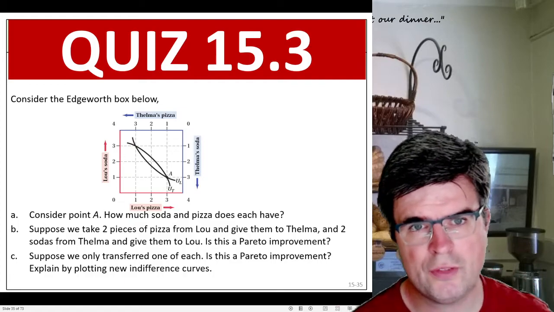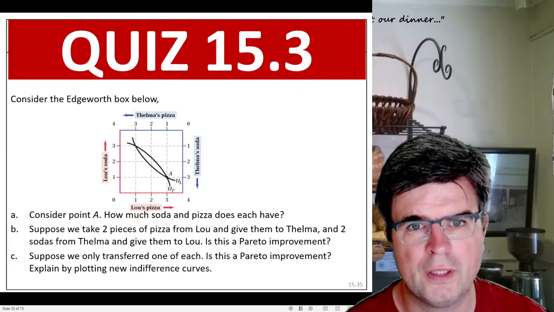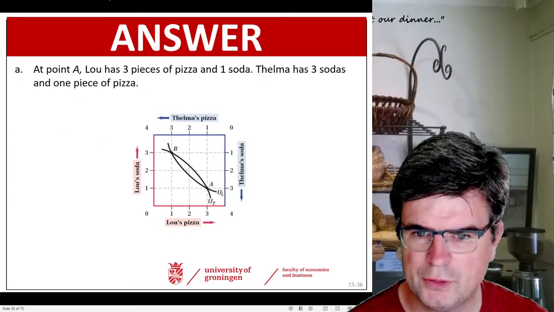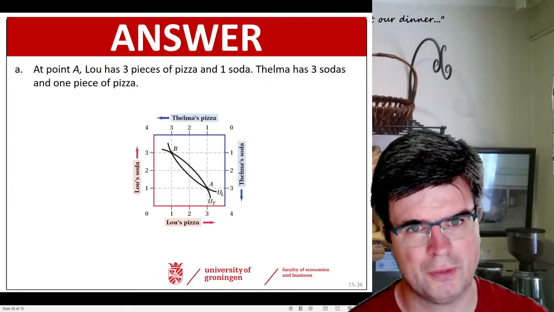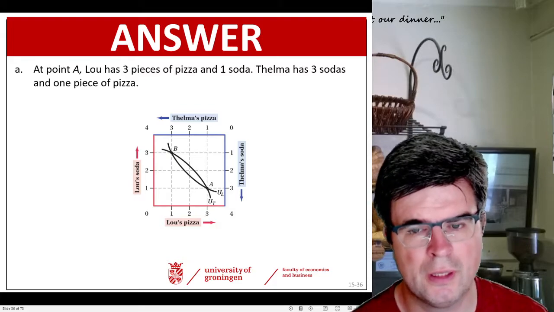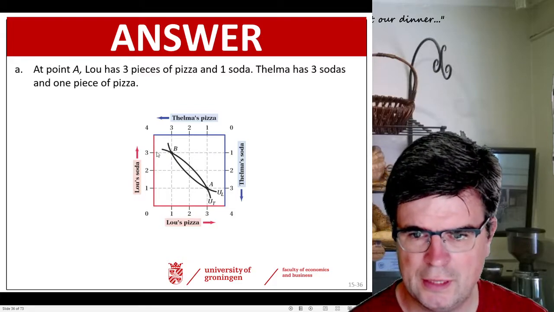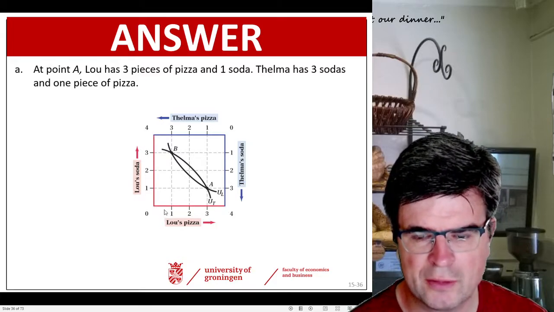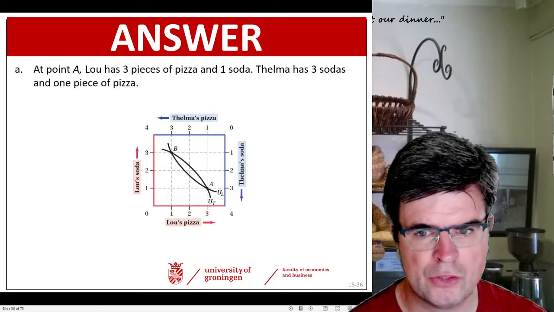So to my left, you see the 3 questions of the quiz, and now I will give you the 3 answers. Starting with question A, which is, of course, a simple question. You can just read it from the graph, but this teaches you how to read attribute boxes. If you look at the axes that are relevant for Lou, which are the red colored ones, then at point A, Lou has 3 pizzas and 1 soda.